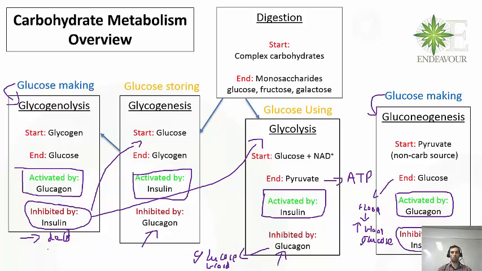So we talked about that a few slides back. So if you're not sure of how the role of the phosphorylation allows insulin and glucagon to inhibit these processes that we see here, you can look back at that part of the session.